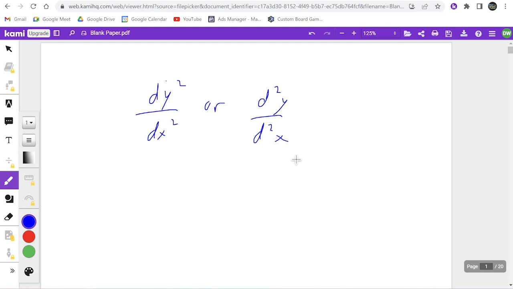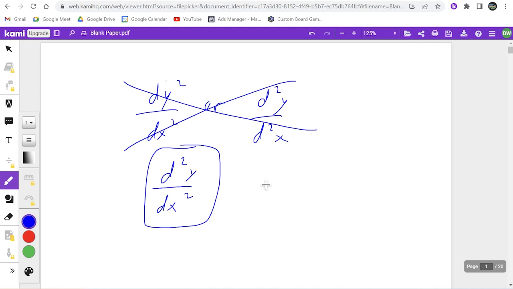Like, this would make a lot more sense to me. However, for the same reason that we don't want to confuse this with something squared, like a function squared, that's what the d squared y over dx squared does, and we don't use this actually. This is a very unique signature of a second derivative as opposed to something squared. So that's why they write it this way. It looks funny. The good news is we're not even going to be using this today, really, but that's what that looks like for the second derivative.